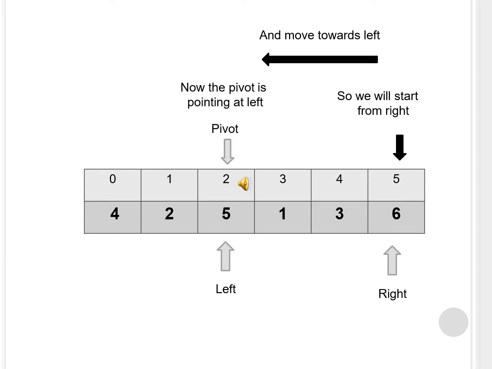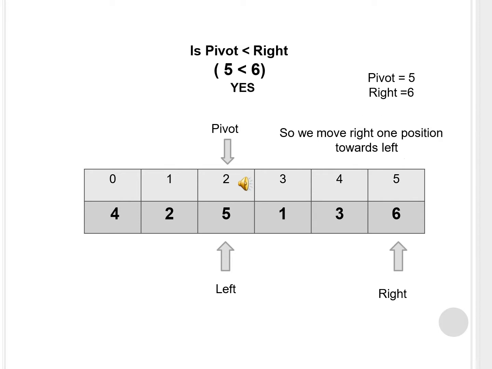Now the pivot element is pointing at the left, so we will start from the right and move toward the left and check for any element which is smaller than 5. If any element is present, we will interchange its position with 5. 5 is being compared with the rightmost element, that is 6. 6 is greater than 5, so there is no need to change its position. Hence, the right counter will move toward the left, that is, right will become right minus 1.